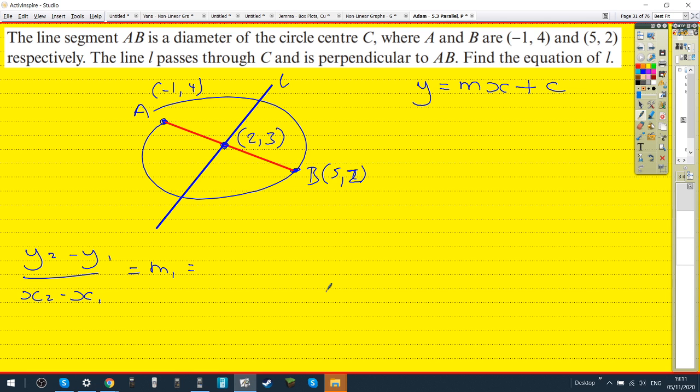Well, this is the gradient between A and B. So, okay. Because we only have one x and y for L. Yeah. So it'd be 2 minus 4 over 5 minus 1, which is minus 1 over 3. Okay.